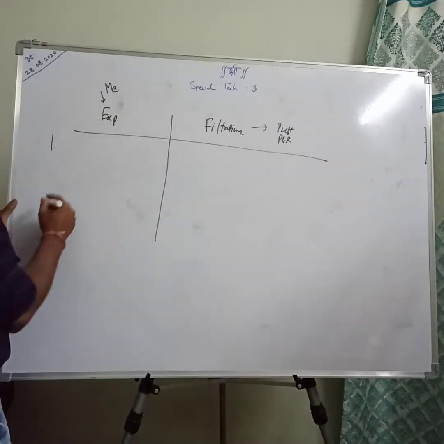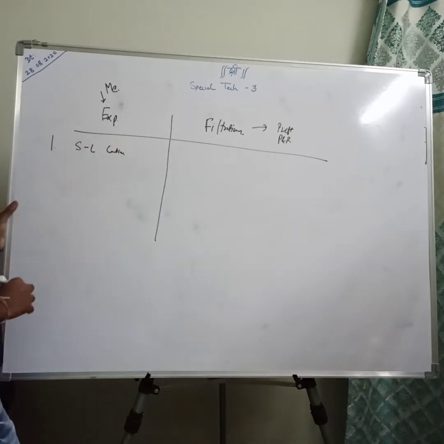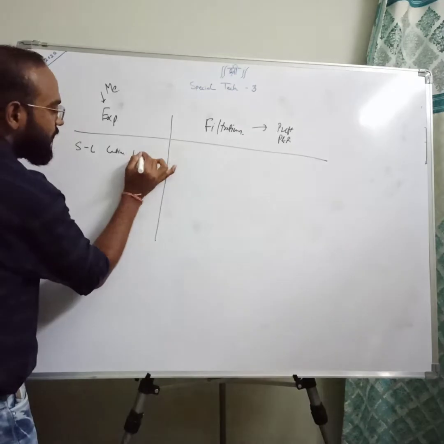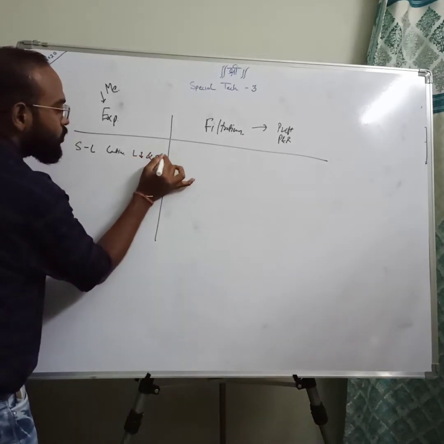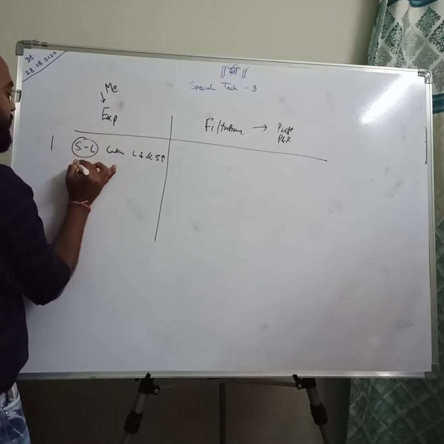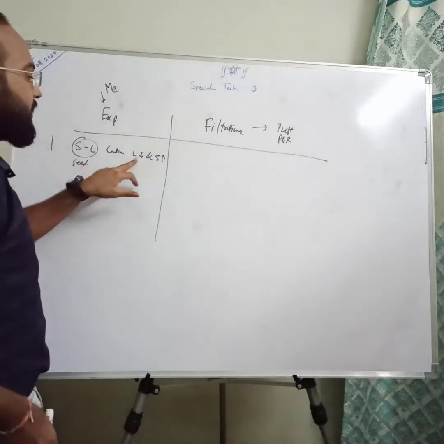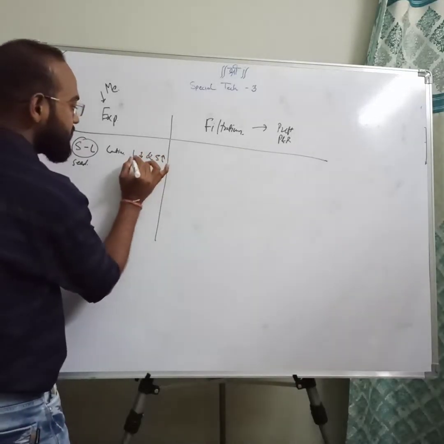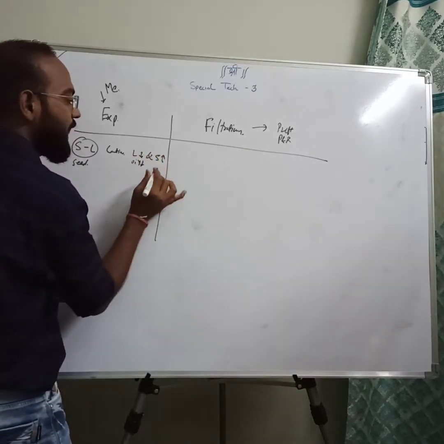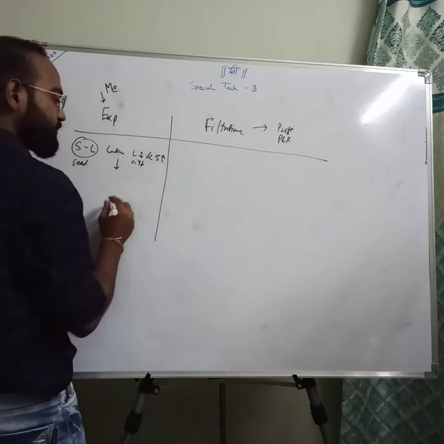First one, solid and liquid content. When liquid content is less and solid is more, that is, the seed gives us solid and liquid, when oil is less and oil cake is more, we go for expression.